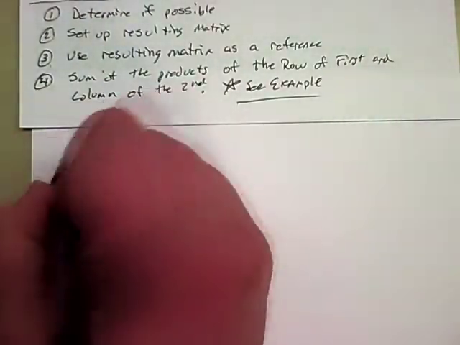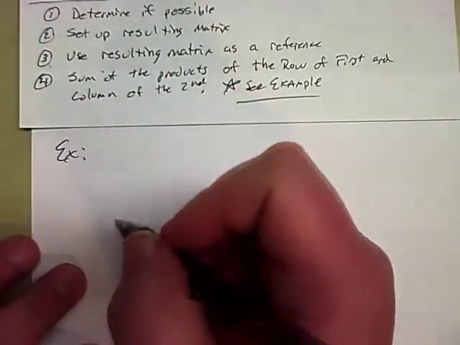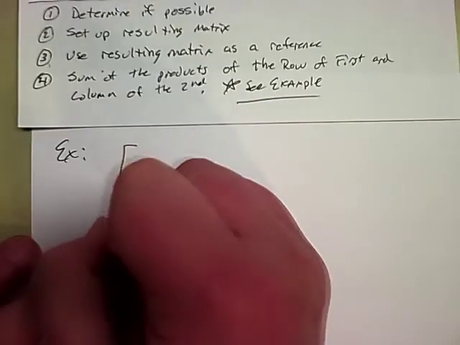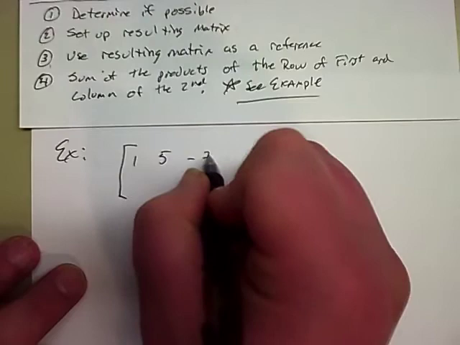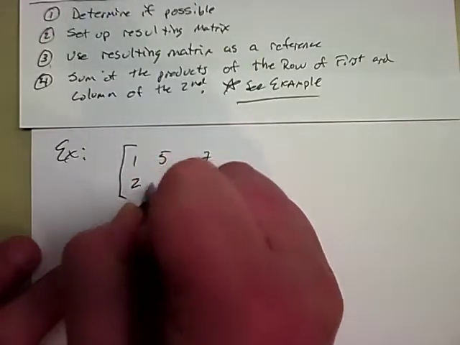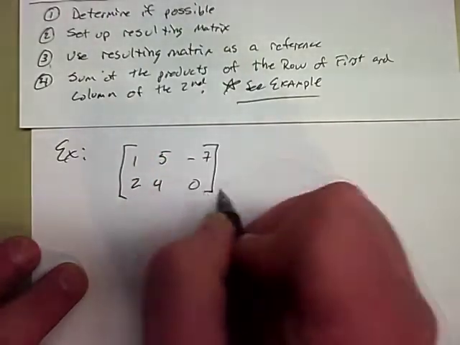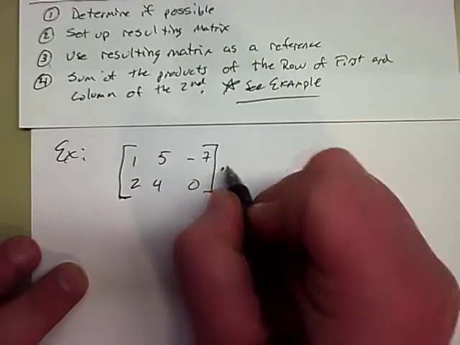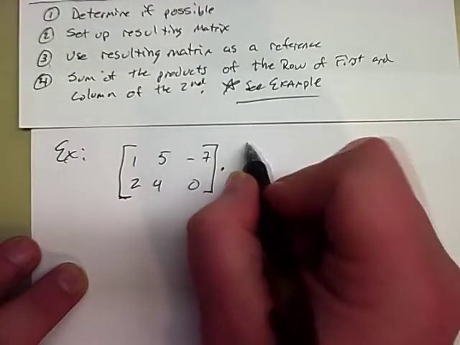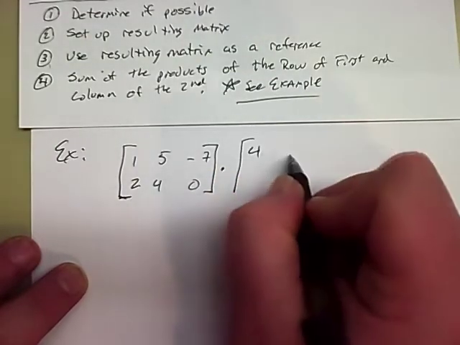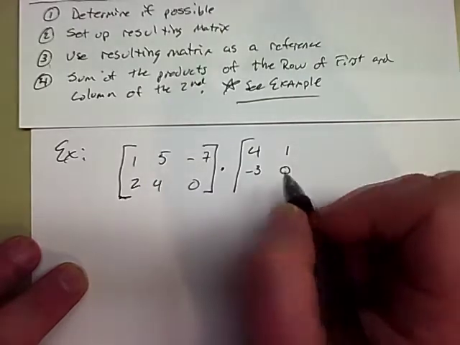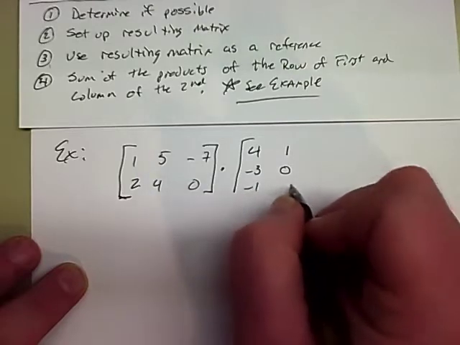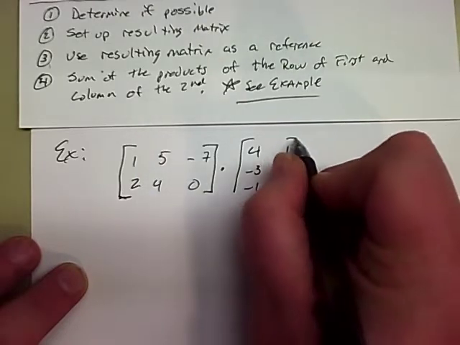So our first example, let's do this. We have 1, 5, -7, 2, 4, 0. And we're going to multiply that with a 4, 1, -3, 0, -1, 5.